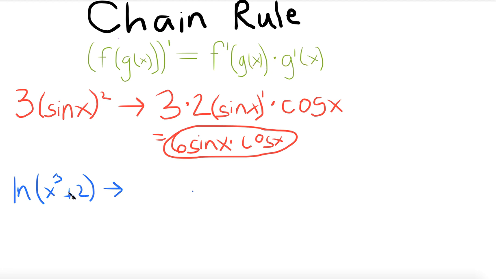So our outer function here, as you might guess, is natural log, the ln here, because we would calculate the inner before the outer when finding a value for this composite function. So the derivative of ln, our outer function, is 1 over our x cubed plus 2.